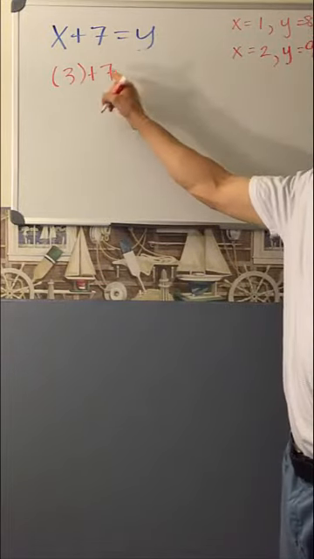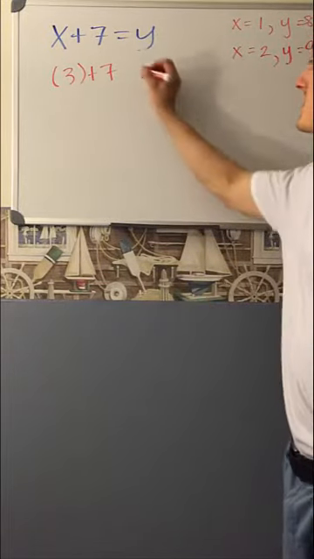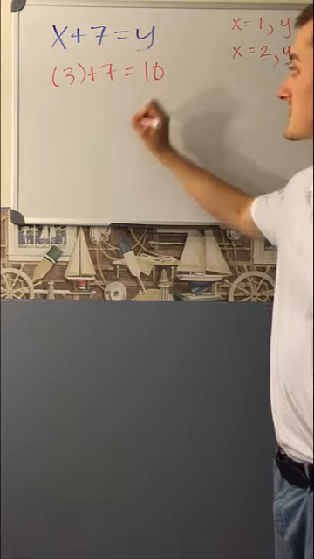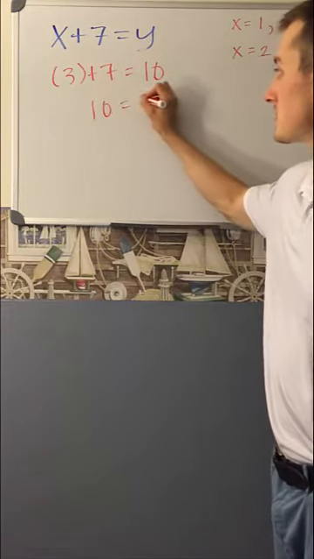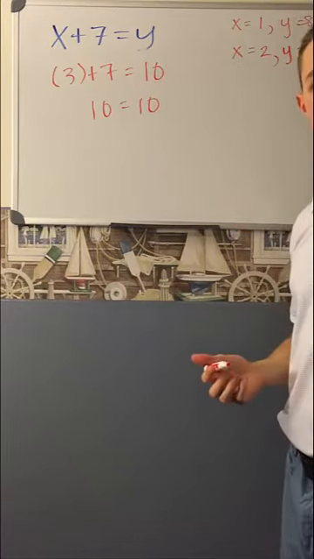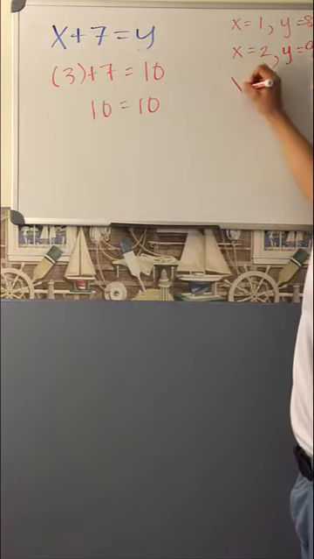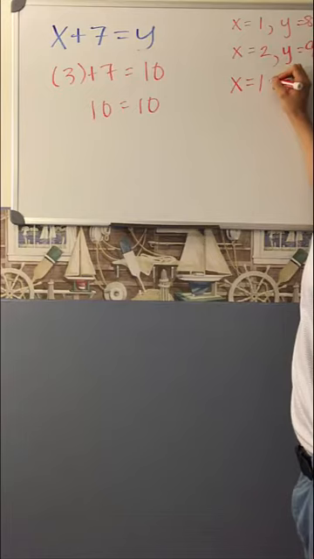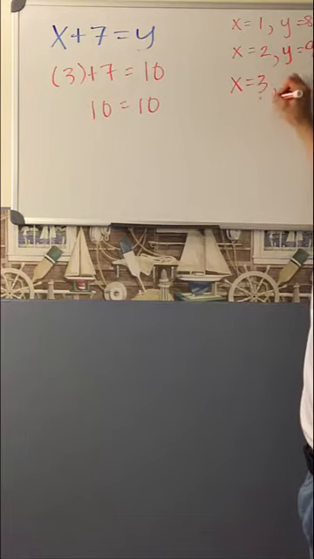And so then I know 3 plus 7 equals 10, so then y must be 10 in order for both sides of my equation to be the same. So another possible solution is x equals 3, y equals 10.